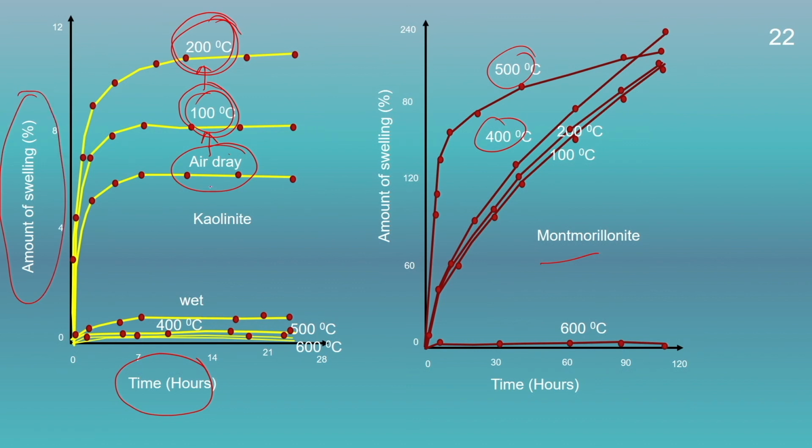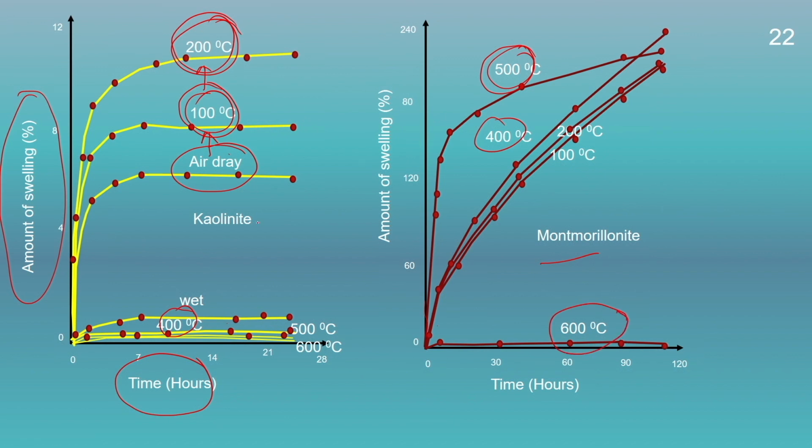However, once the soil gets heated up to 400 degrees centigrade and beyond, the amount of swelling got reduced significantly. So, here also we could see almost identical behavior, but the swelling of montmorillonite continued up to 500 degrees centigrade, and beyond that we could see a significant reduction in the swelling.